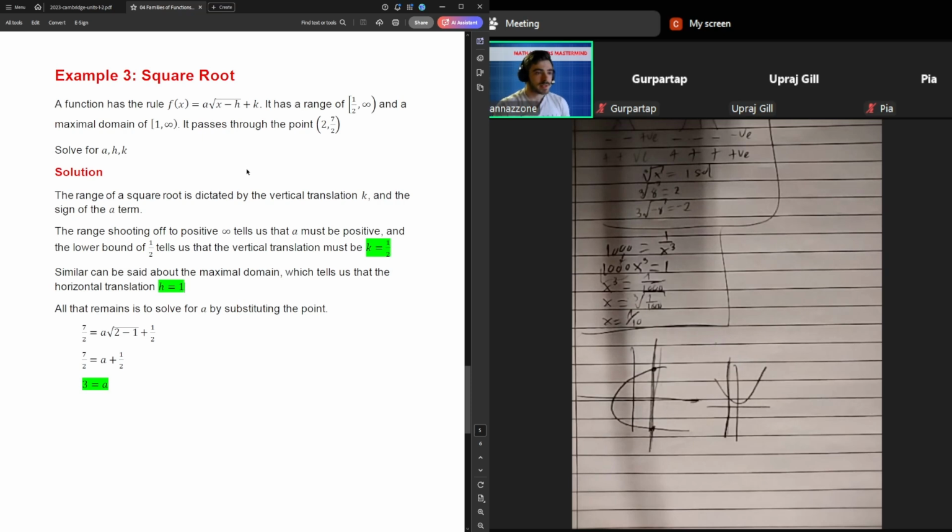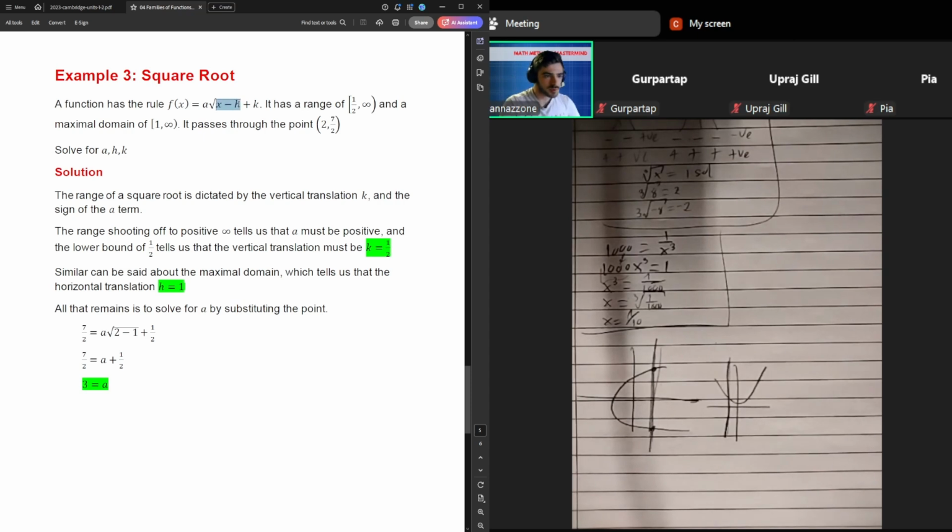This horizontal translation will do the horizontal value of the starting point. And so if you think about horizontal as your x, then this starting point of x equals 1 should mean x minus 1 as your value in there.